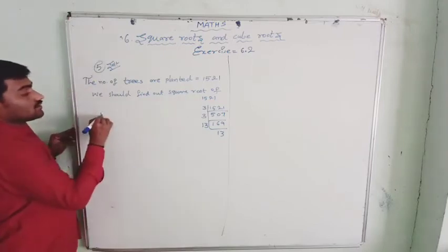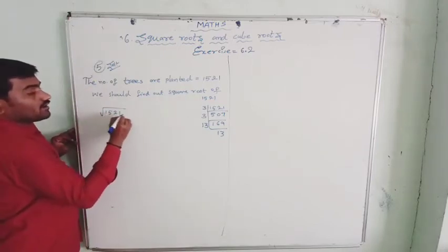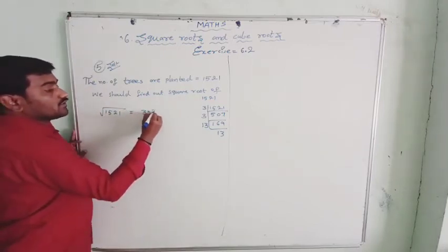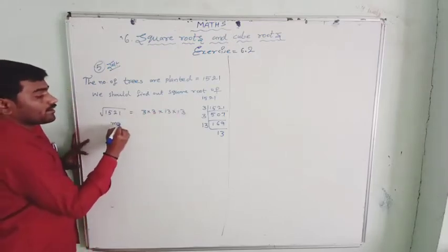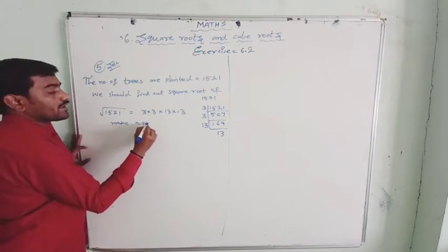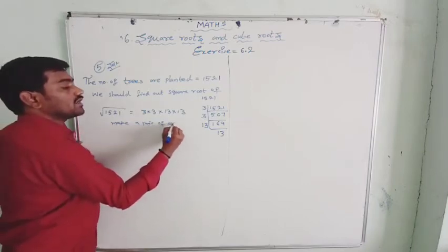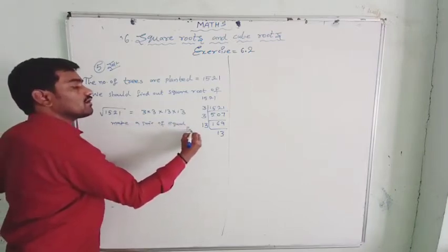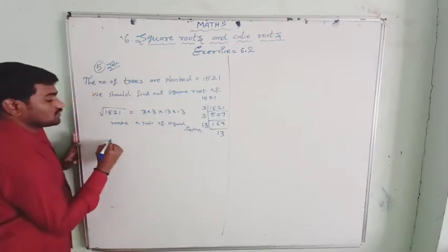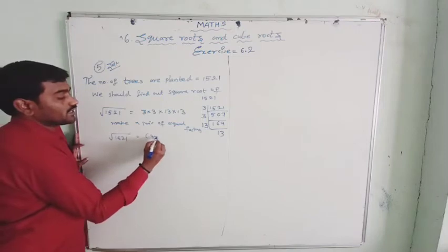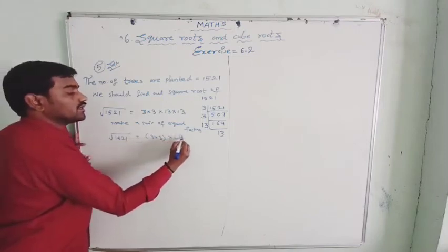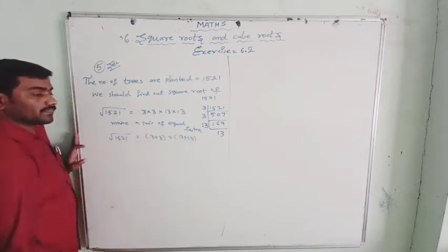So the square root of 1521 is equal to 3 into 3 into 13 into 13. Make a pair of equal factors.